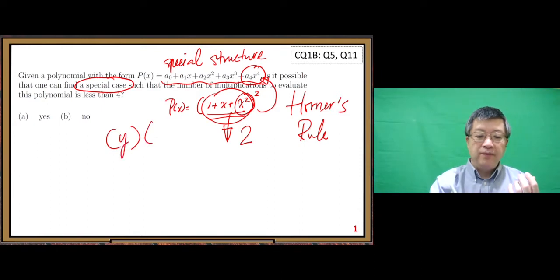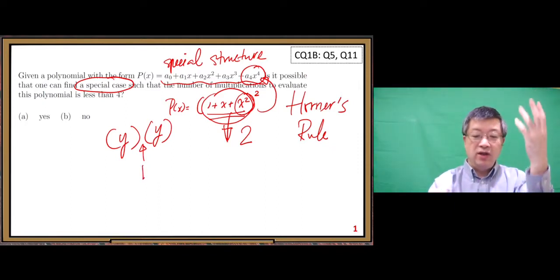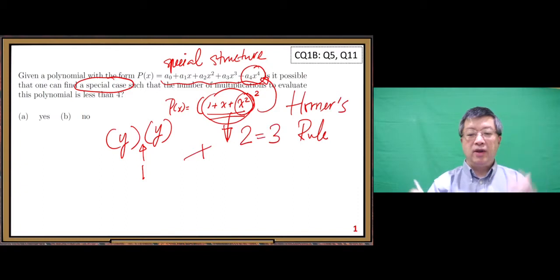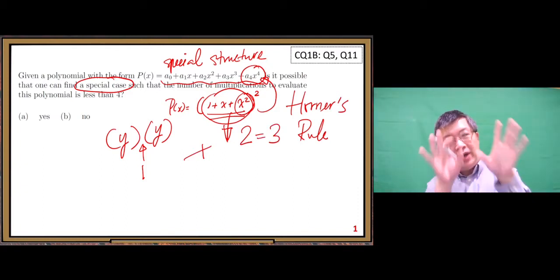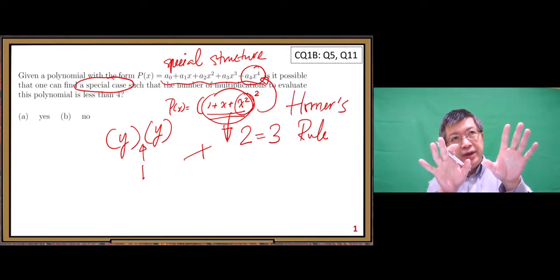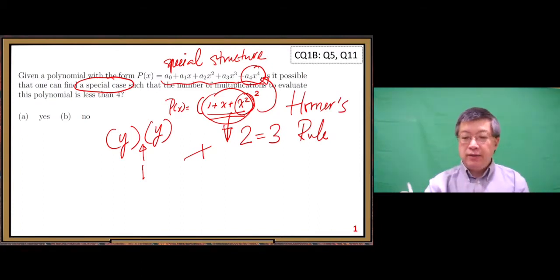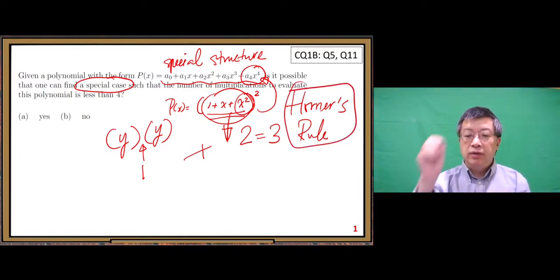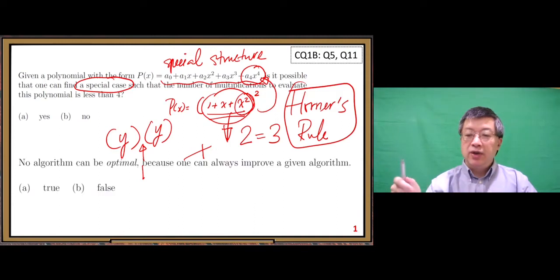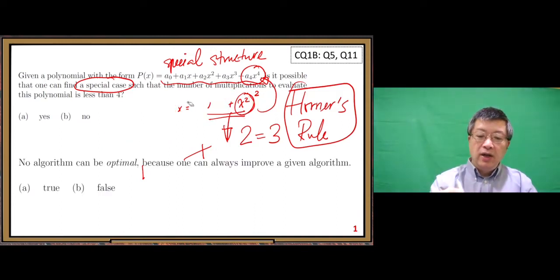Suppose that is y. Y times y is another multiplication. Adding 1, we get a total of 3, less than 4. That's how we can get the number of multiplications less than the result from Horner's rule. All right, so that's question number 5.